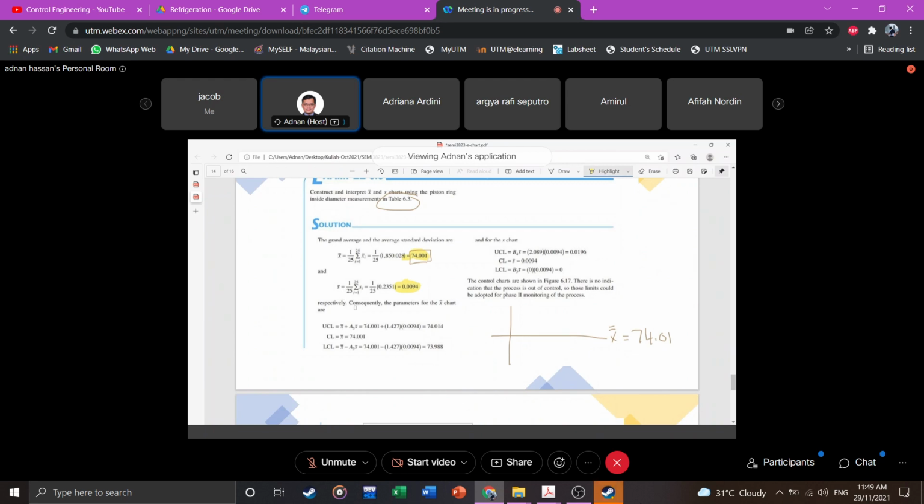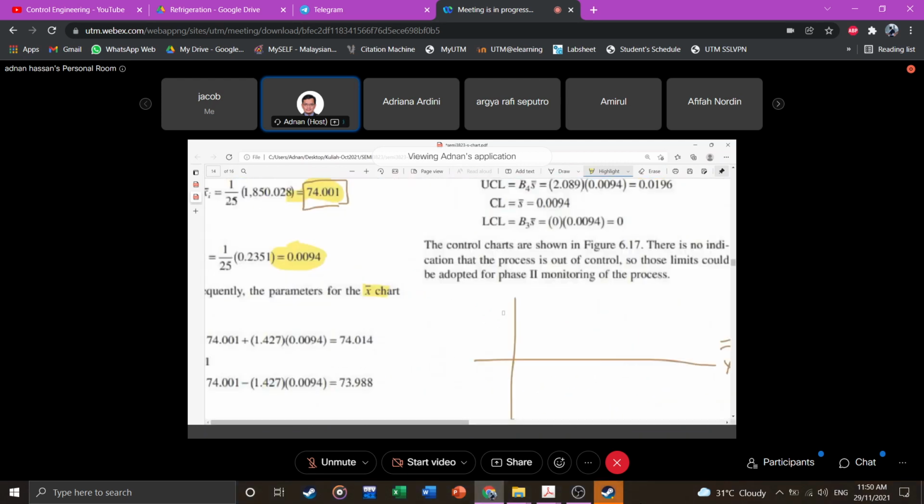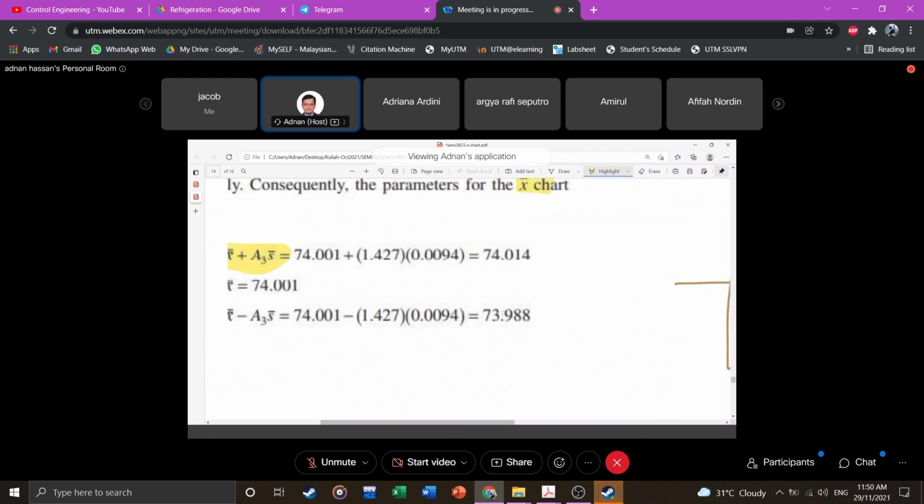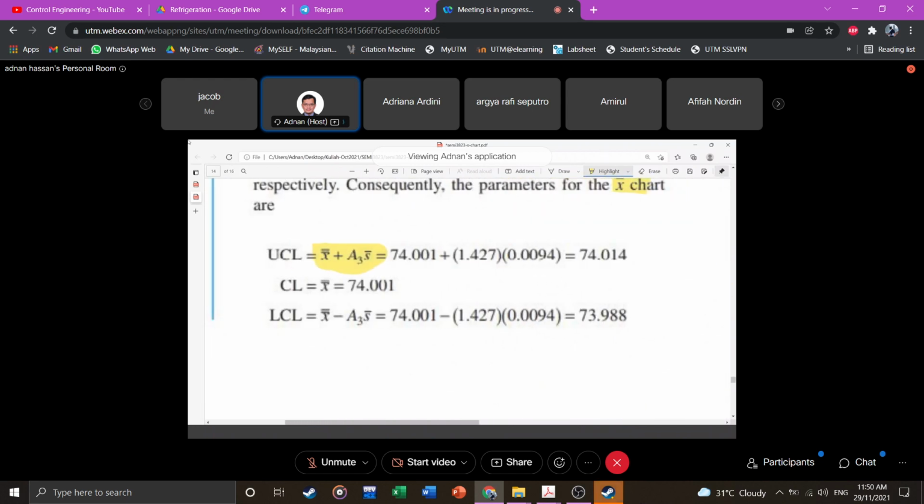So now we are ready to construct the X bar chart using this simple formula: A3 S bar, where A3 comes from the table. The difference is that this is positive and this is negative.